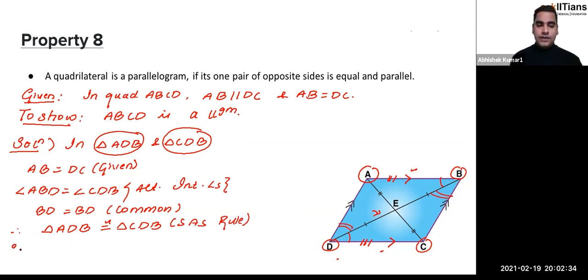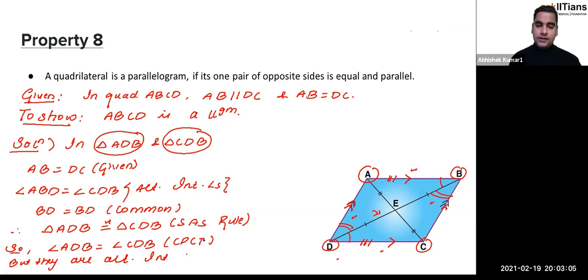So angle ADB is equal to angle CDB by CPCT. But these two angles are actually alternate interior angles, and these angles are equal only when the two lines are parallel.